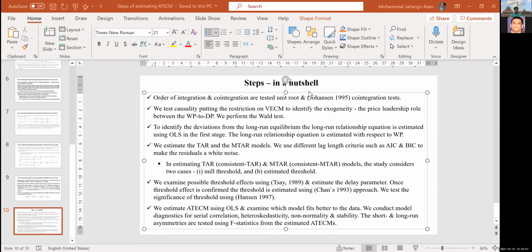So, I didn't see that you can use, if it is I0, you can straight use the simple VAR. So you do not need to go through all of these tests that have actually been used in time series econometrics. But for the TAR methods, it requires at least that the endogenous variables are I1.